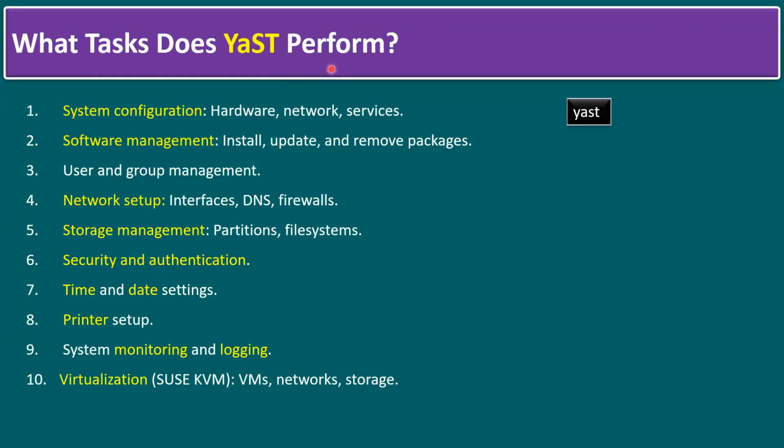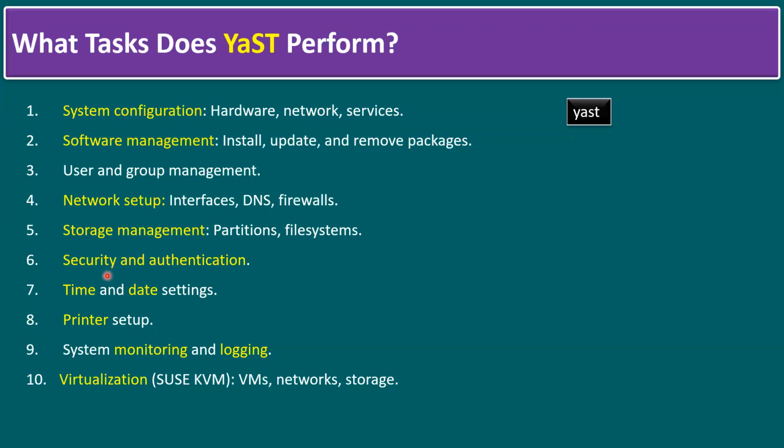Another point is, what tasks does YaST perform? Just now we verified from the command line what tasks it performs. System configuration includes hardware, network, and services. It is also helpful for software management: installing, updating, and removing packages. We can do user and group management, and network services like setting up our DNS and firewall details, and also storage management, specifically the partitions and file system.